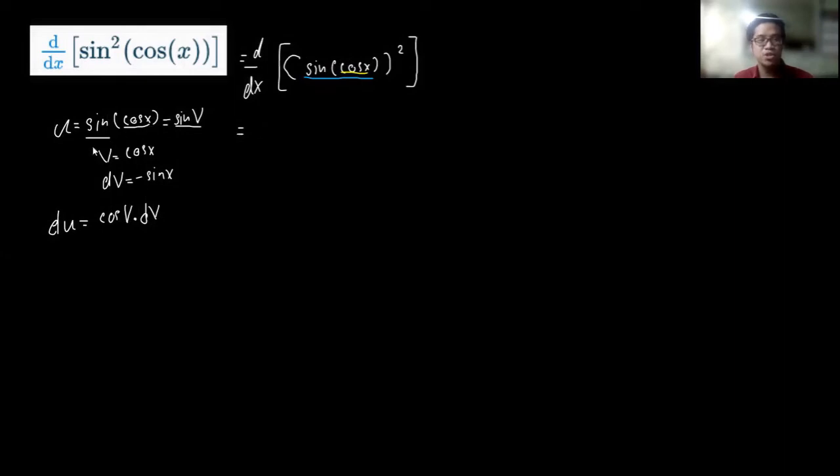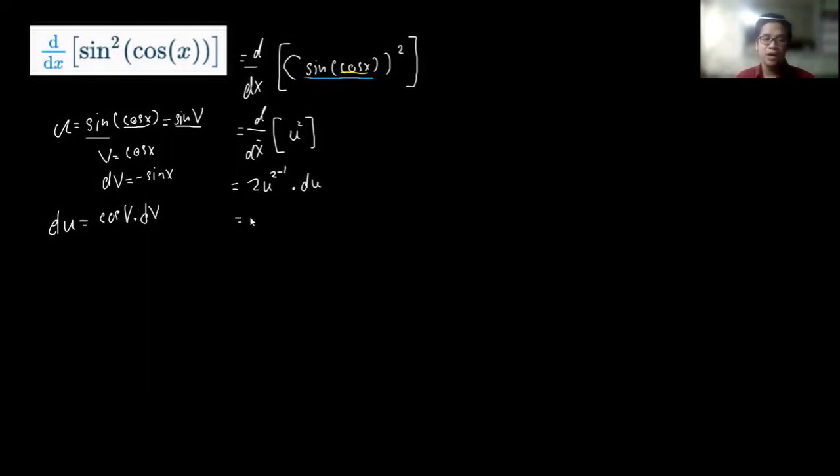So, your u is sine of cosine x. I can rewrite this as the derivative of u squared. So now let's get the derivative of u squared. Bring down the exponent, copy the variable, subtract its exponent by 1, times du.